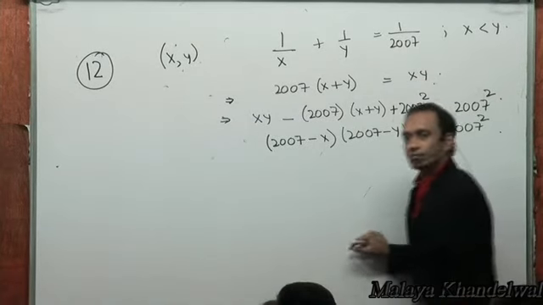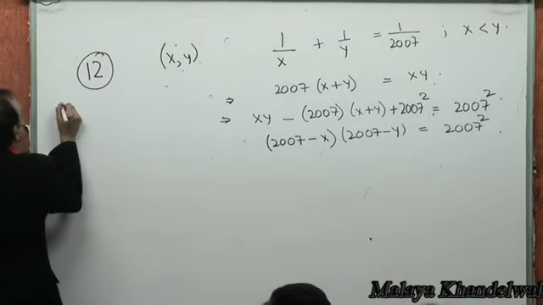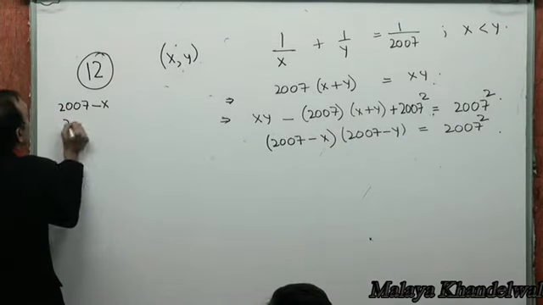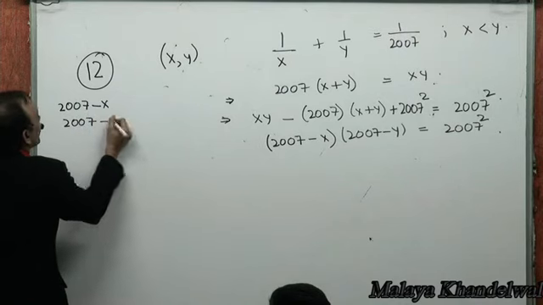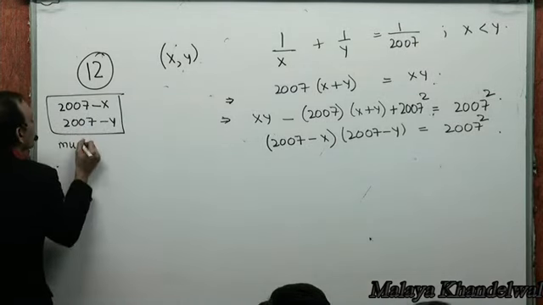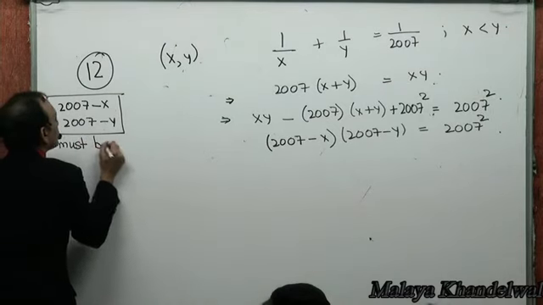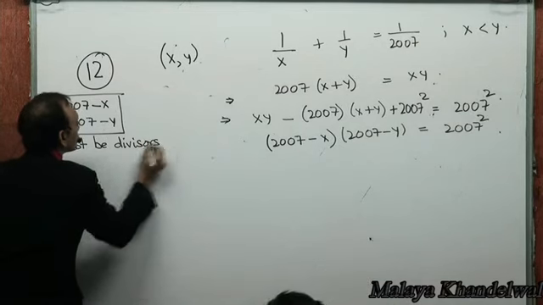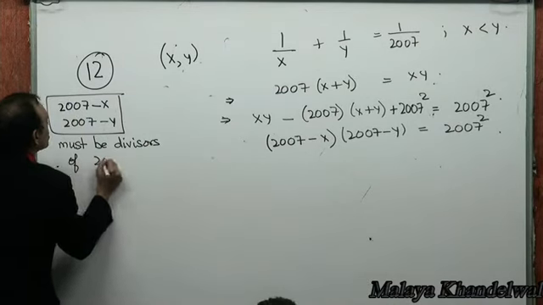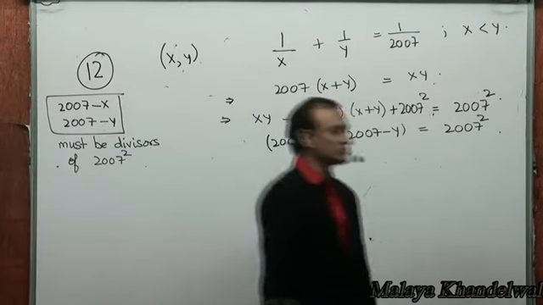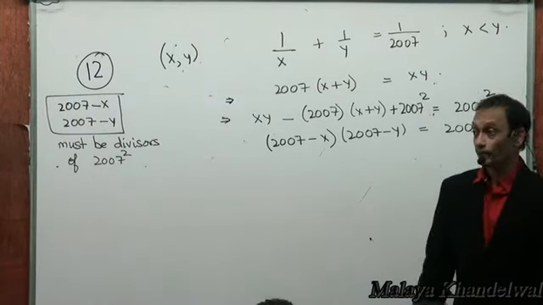Yes or no? Right? Must be divisors of 2007 squared. Yes or no?